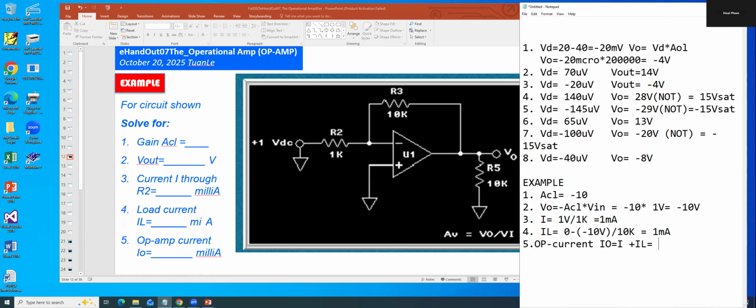So 1 milliamp plus 1 milliamp, 2 milliamp. Okay. When you understand the op-amp you're working on, the next one will be no problem. Op-amp looks easier than transistor.